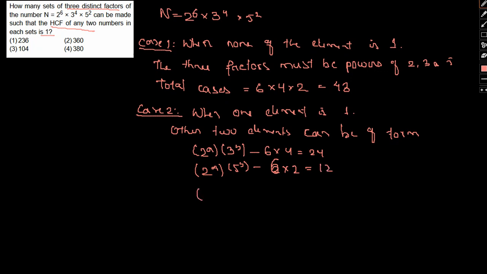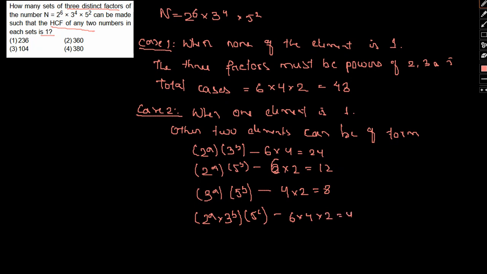Then again we can have 3 to the power a, 5 to the power b, that would simply be 4 into 2, 8. Next up, that would be something like say 2^a into 3^b into 5^c, so that would actually give us 6 into 4 into 2, that is 48.